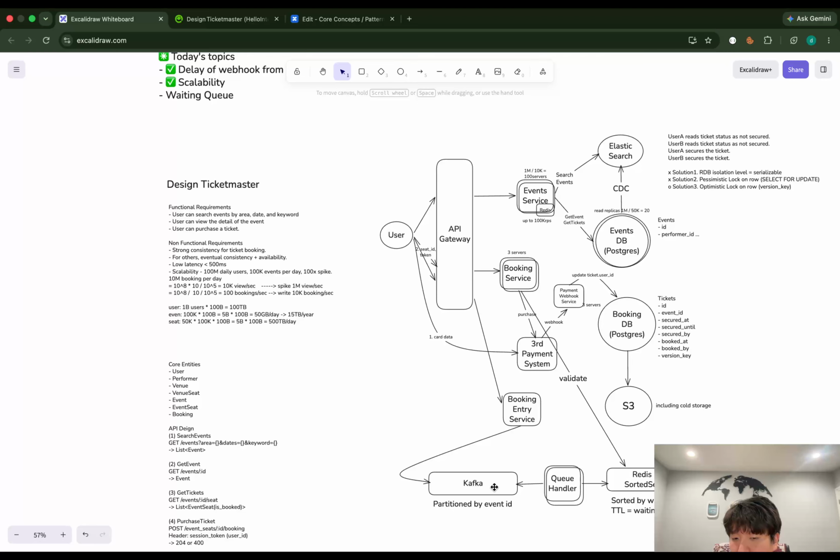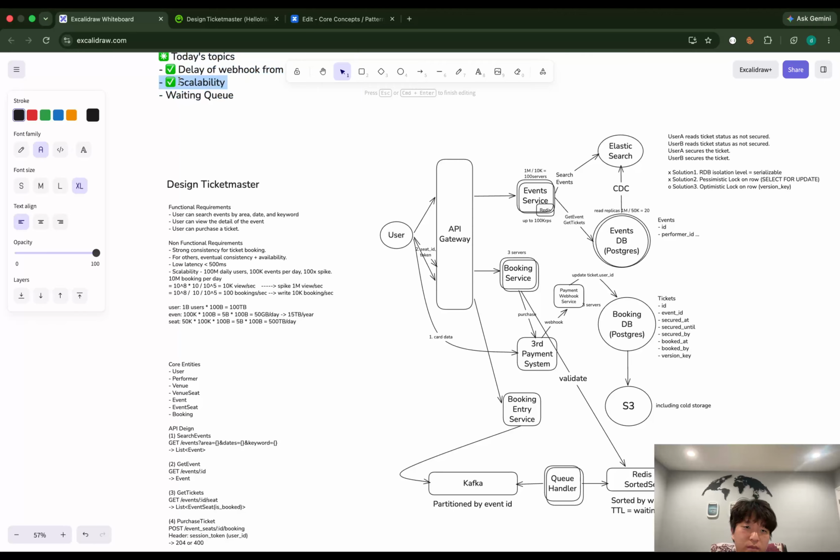Then we can calculate the estimated time he has to wait more. Yeah, and then we can display it in the user's waiting page. Okay, so that's something I can do for the waiting queue system.